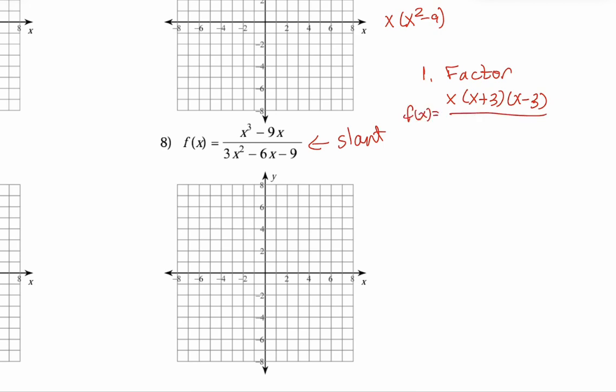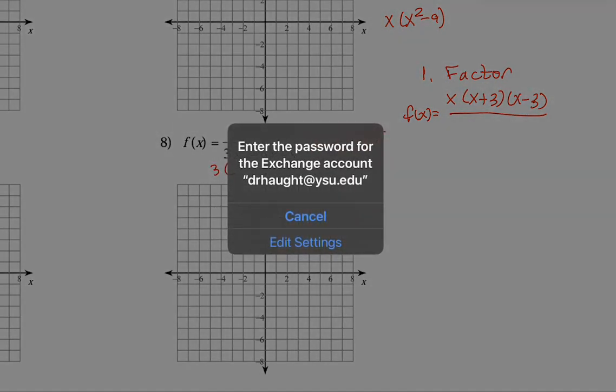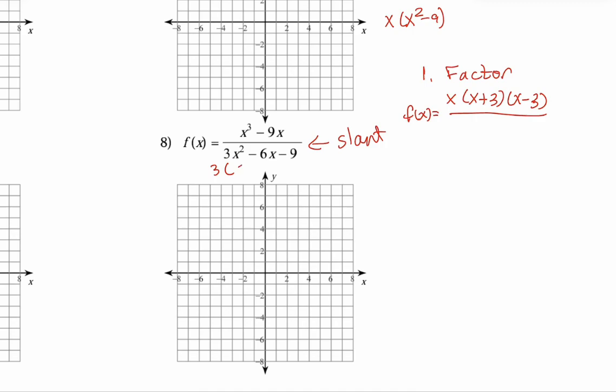Now, the bottom, if I take out a 3, I'm left with x squared minus 2x minus 3, which is a factorable quantity. So that one factored is going to be x minus 3 and x plus 1.